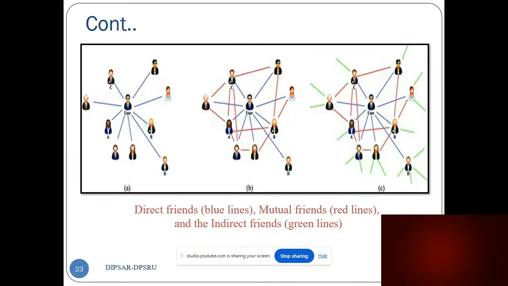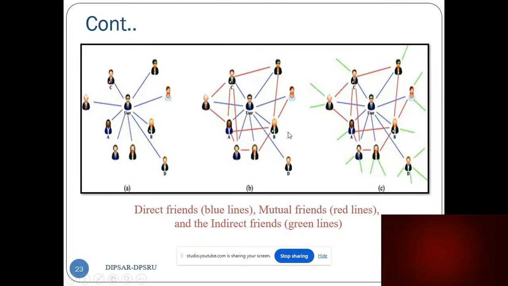This is again an example of a social network, where you can see these are the direct friends. So someone is a direct friend, someone is not a direct friend, and there are mutual friends. This one is not a direct friend, but there are mutual friends.